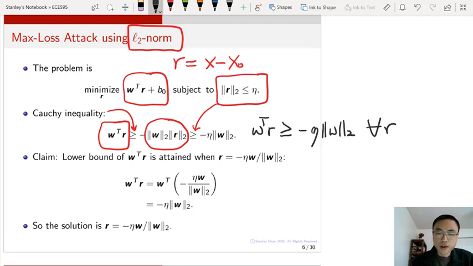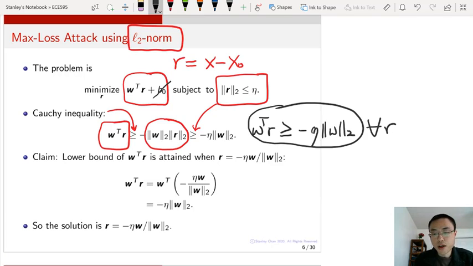Looking at the objective function, this b0 doesn't really matter because it has nothing to do with r, so you can ignore it. Then the objective function is just w transpose r, and I have a lower bound on it that holds for any r that you choose.